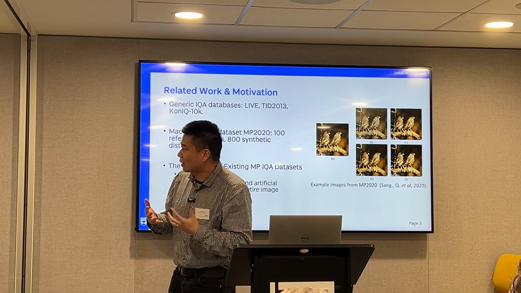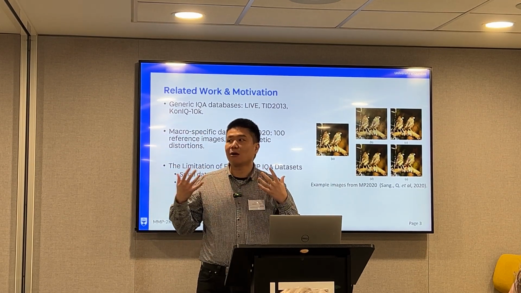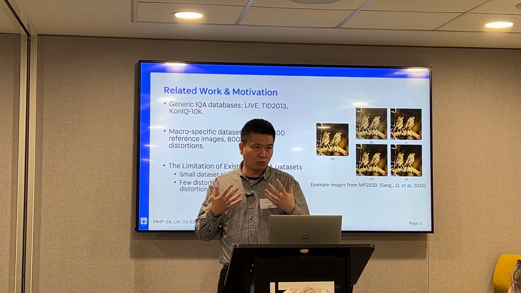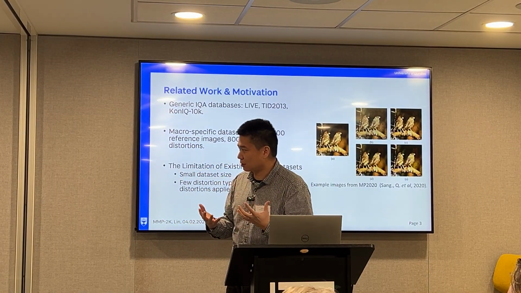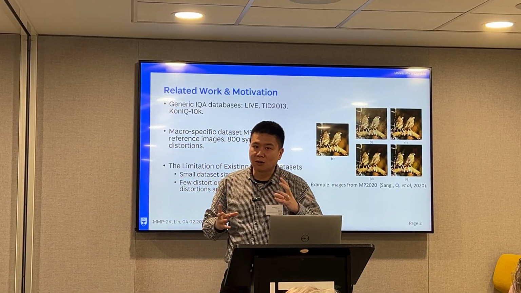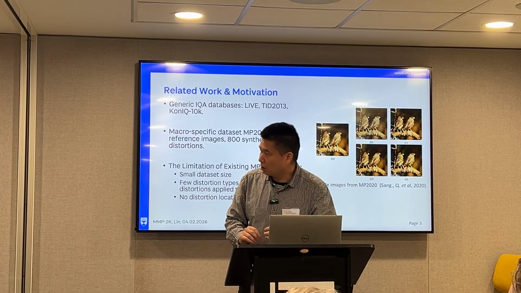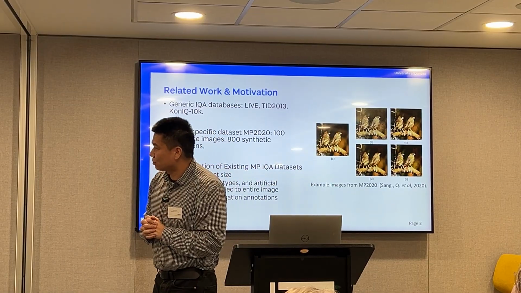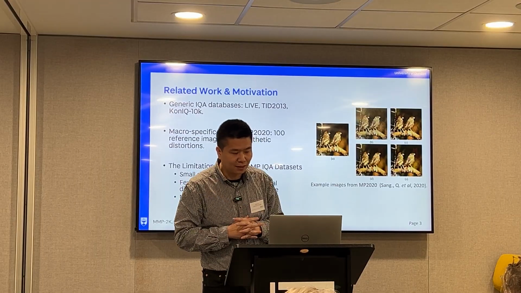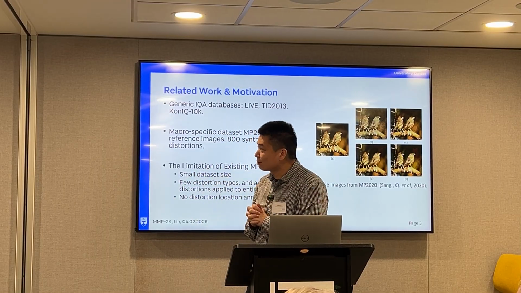Also, whenever we apply artificial distortion, it applies to the entire image, whereas in real-world macro images, the distortion would be a combination of different distortions. We also found that no extra information is provided, so we feel it is better to have the distortions annotated.